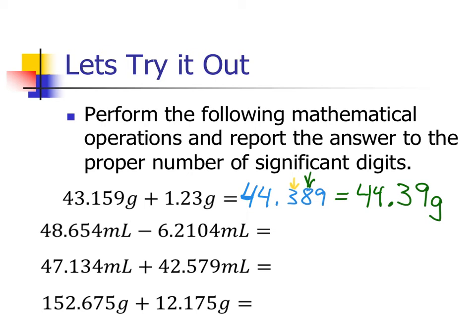Because we're adding, and the rule for adding is the least number after the decimal place. Yeah, see? That's where when we do some of these, you gotta pay attention. I have been known to write the wrong number sometimes, sometimes on purpose to see if you're sleeping. Not that anyone would sleep in here.